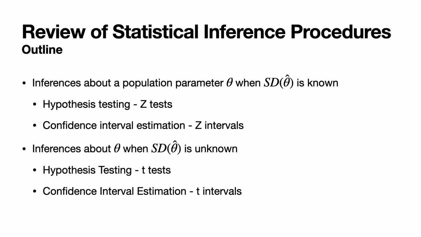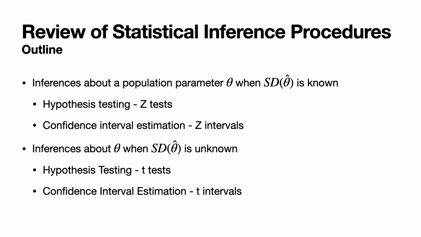So here's an outline of what we'll be covering in this lecture. We'll first look at inferences about a population parameter theta when the standard deviation of theta hat is known, where theta hat is a point estimator of theta. In particular, we'll look at hypothesis tests about theta using z-tests and confidence interval estimates for theta using z-intervals.